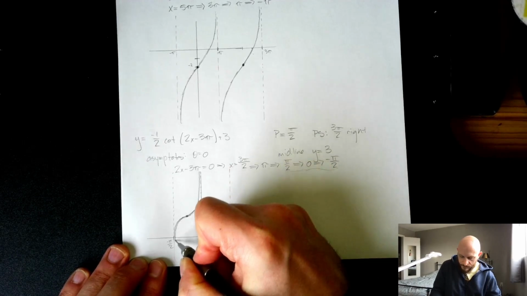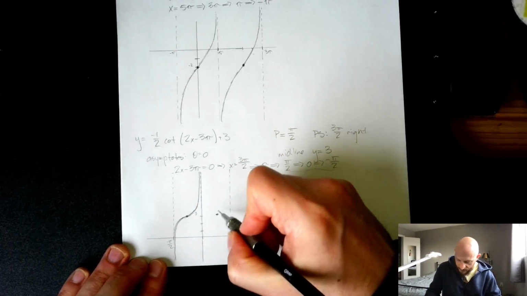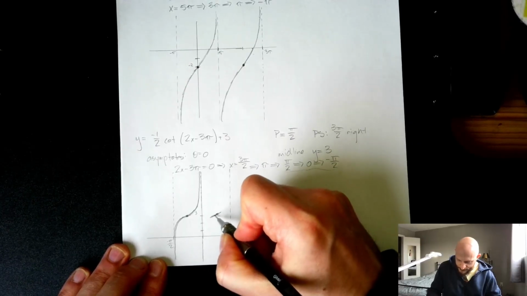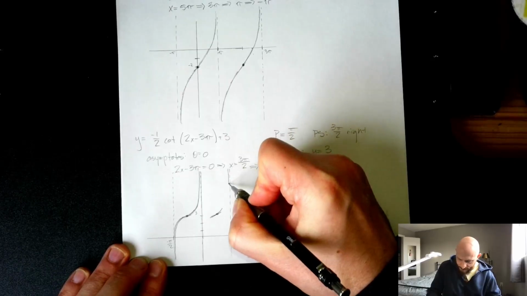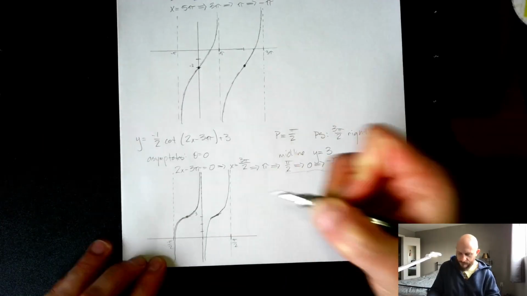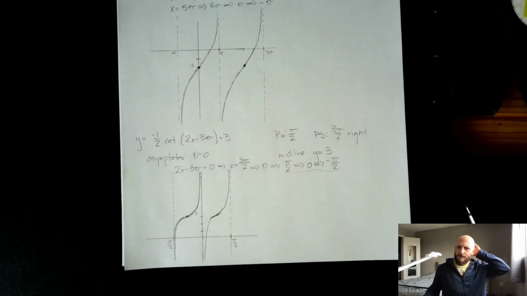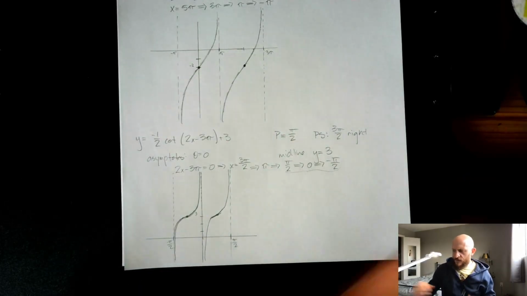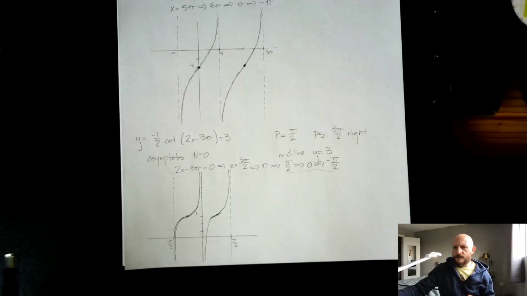Whoops, got a little too close to the asymptote there. Yep, that's how it's looking. So just like that. Okay, so that is how you graph tangent and cotangent given an equation. Let me know what questions you have.